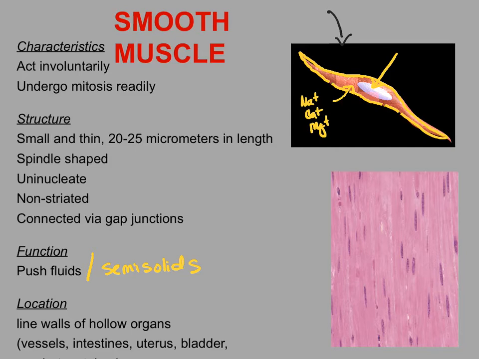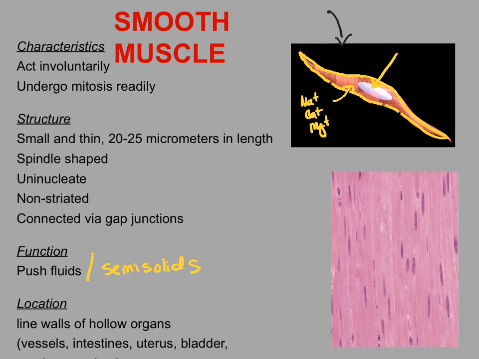So smooth muscle generally is going to line the walls of all of your hollow organs: your esophagus, your stomach, your small intestine, the large intestine, your blood vessels, structures that carry urine out of the body, the bladder, the uterus. Almost all of your internal hollow organs and body tubes are lined in smooth muscle. And the smooth muscle there is pushing something somewhere.